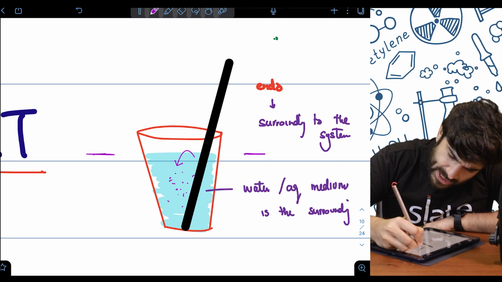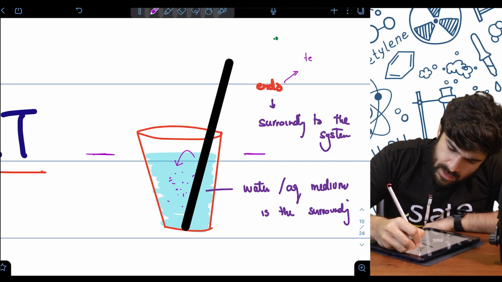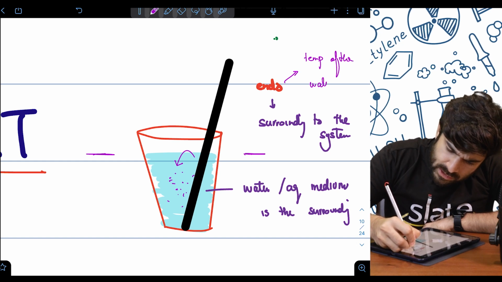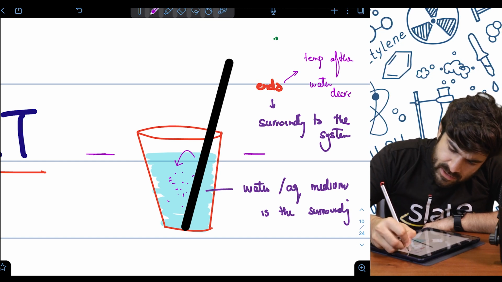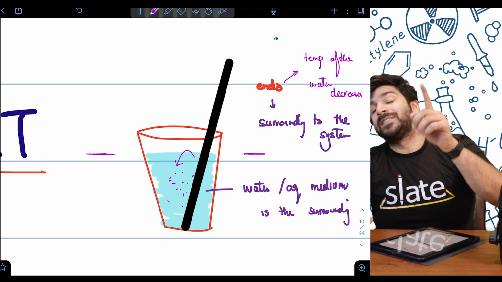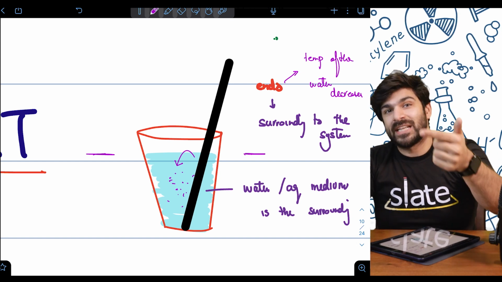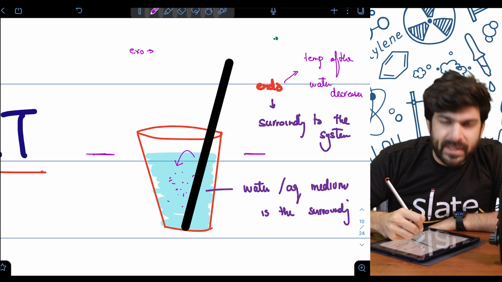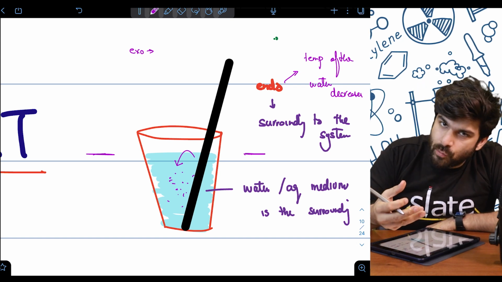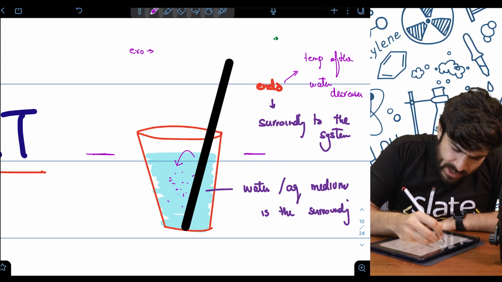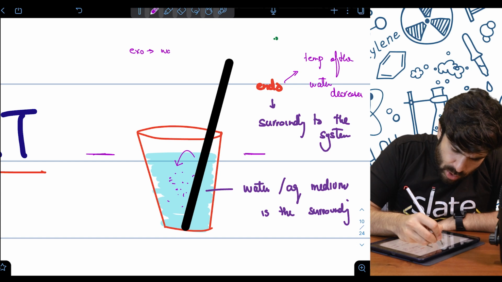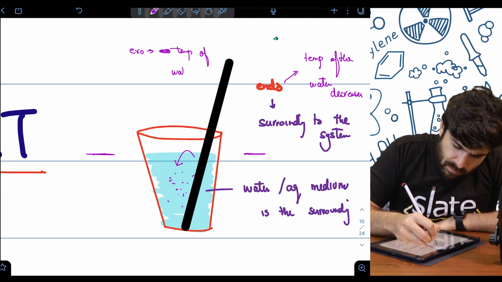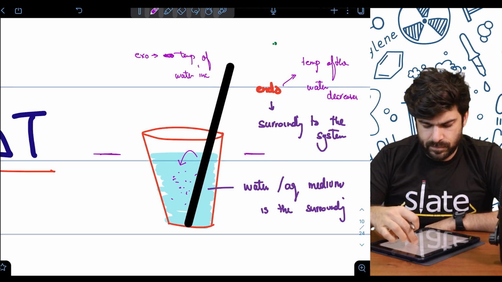So, in the case of endo, the temperature of the water decreases. So all you need to remember is that water is a surrounding. In exo, the system gives out heat and water gets warmed. So in exo, the temperature of water increases.